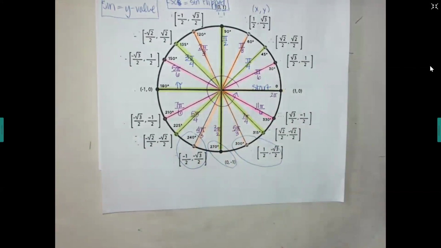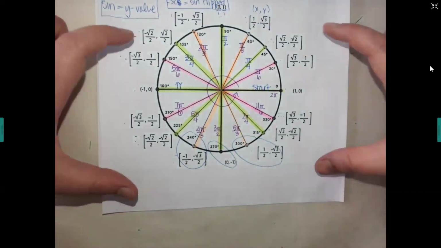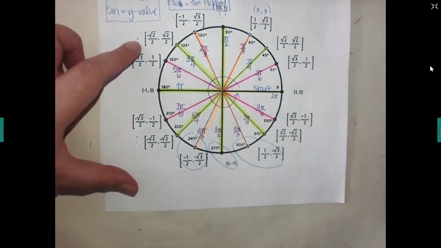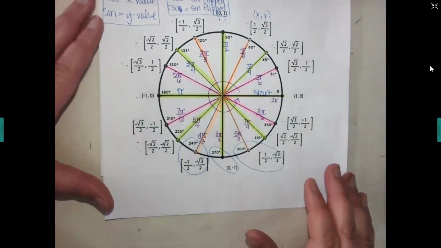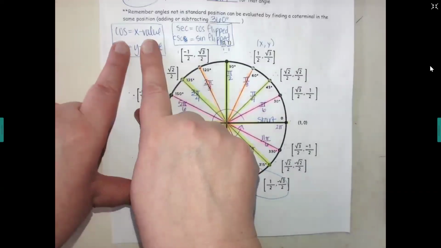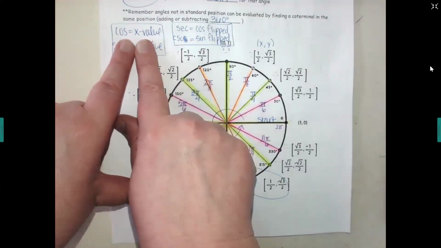Okay. So from here, you should be able to do all of the things that we already covered: sine, cosine, secant, cosecant, tan, cotan, using the circle. Just to remind yourself, if you haven't written it down, cosine is the x value. Go ahead and write it down if it's not on your circle already.